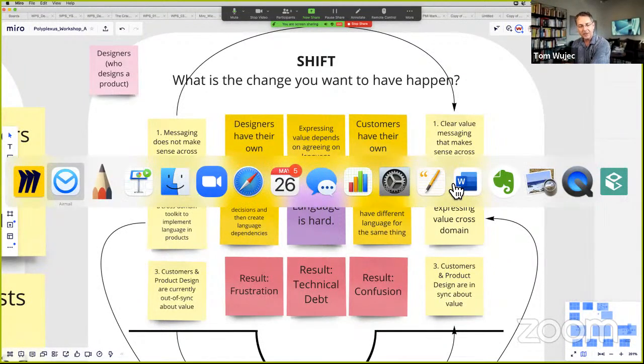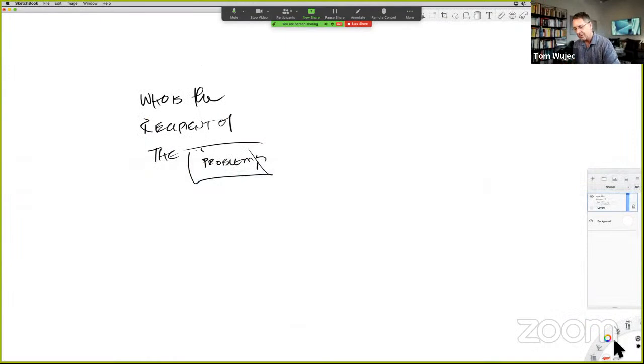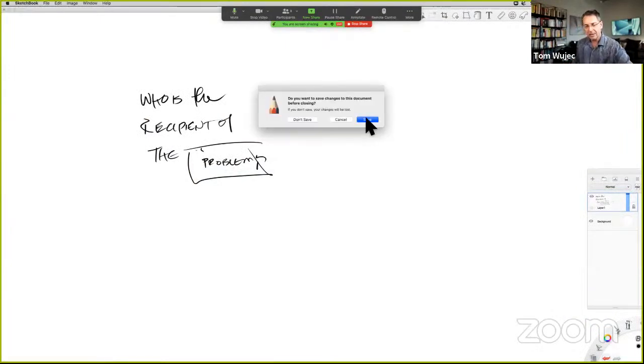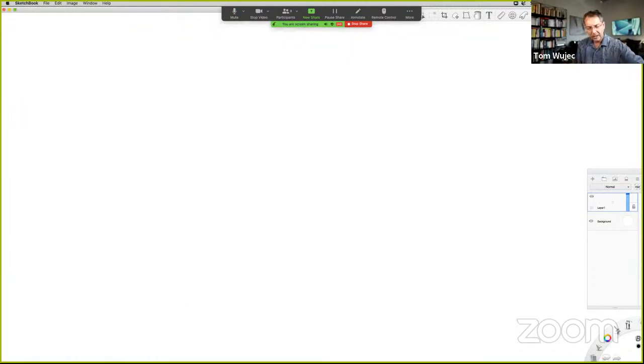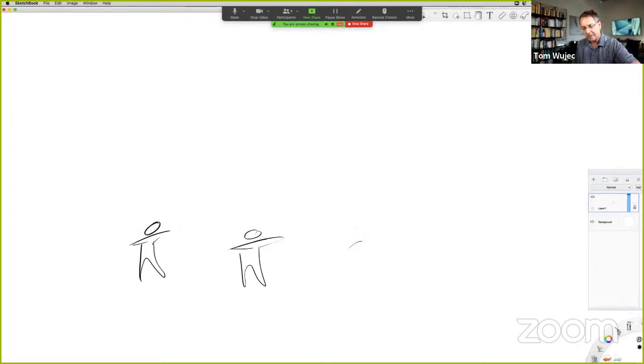I think what would be pretty interesting for you is to do, when you work on this as part of your thinking process diagram, come on, Sketchbook, is identify users, the stakeholders.